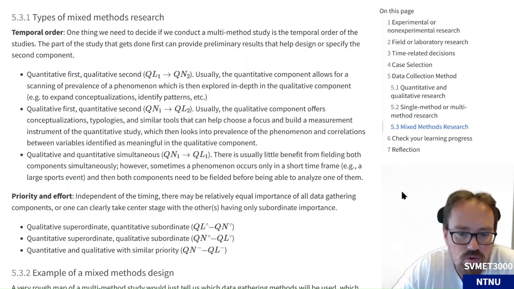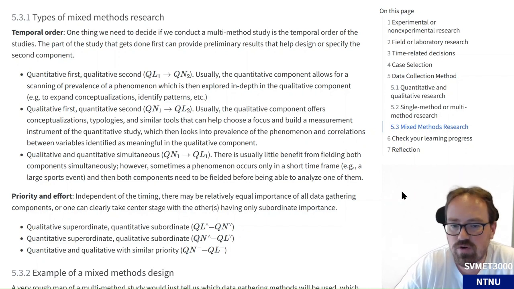Or you can go simultaneous with the two components, but there's usually very little benefit from fielding both components simultaneously. The most frequent situation is that a phenomenon occurs only in a short period of time, like a major sports event, and then both components need to be fielded before you are even able to analyze one of them.